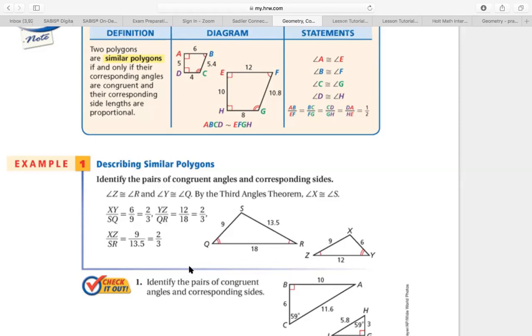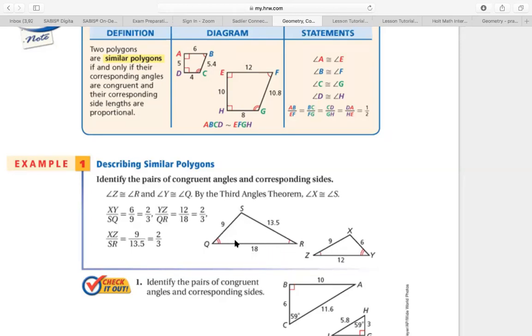When you divide them by 4.5, it will be 2/3. And then you have angle X, and corresponding to it is YZ, which is 12. And angle S, corresponding to it is RQ.